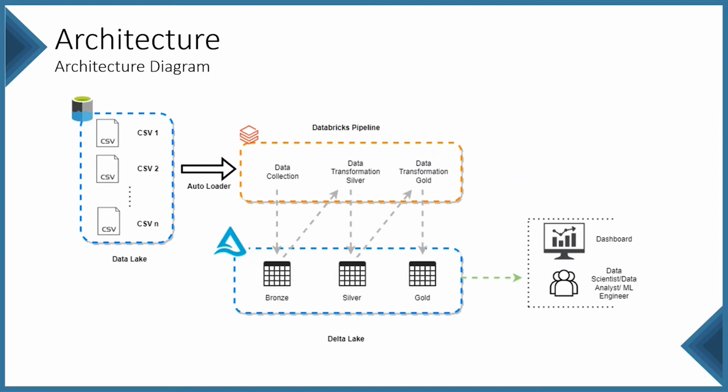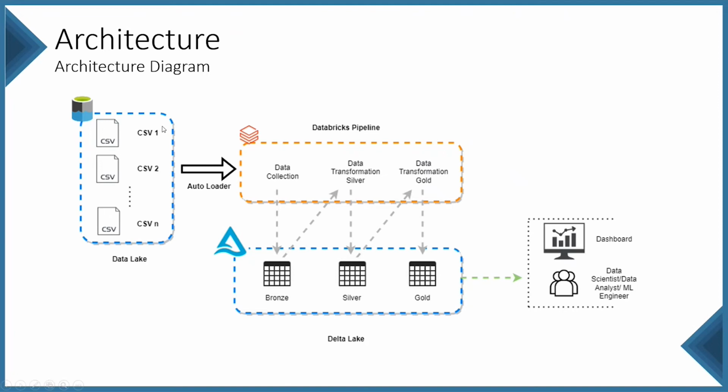Then using the autoloader we ingest the data into our notebooks, and these notebooks process all the data incrementally in a streaming fashion. This architecture makes sure that no file will be missed and no duplication will be introduced, because autoloader behind the scenes is using streaming.